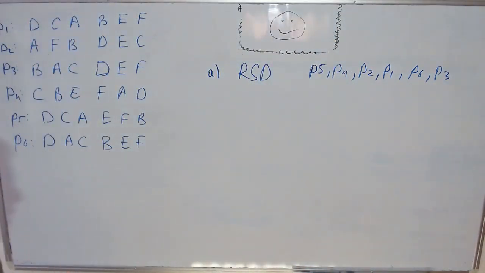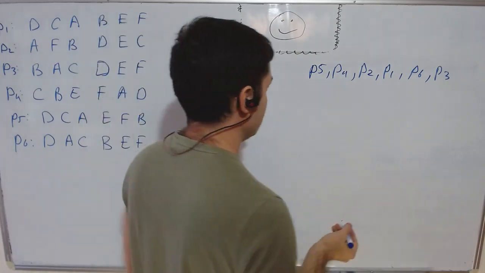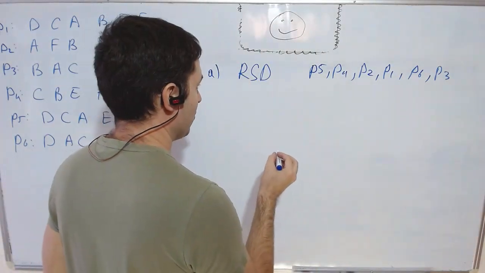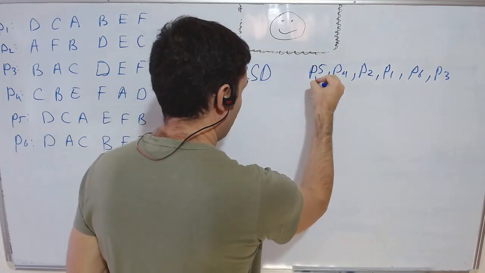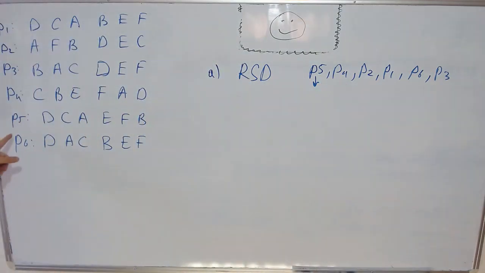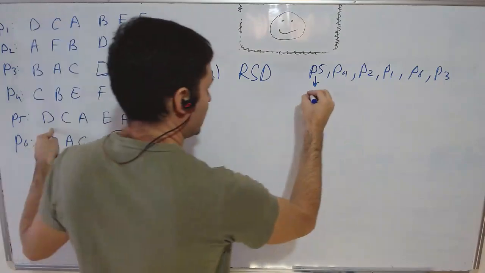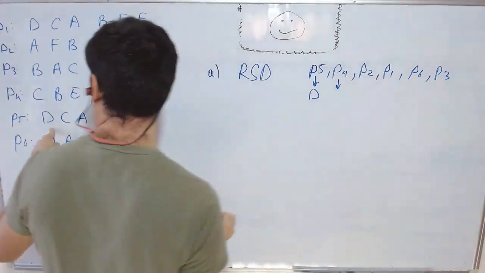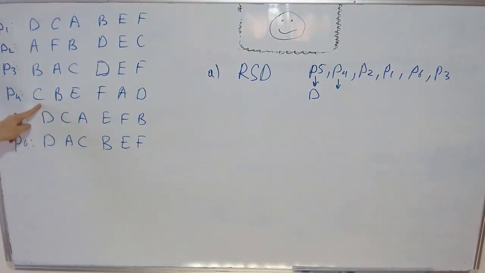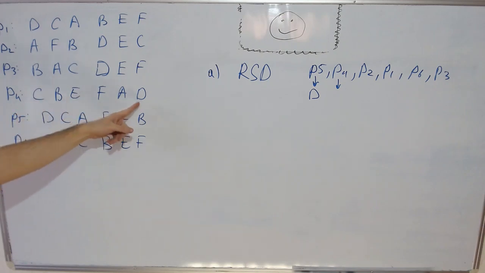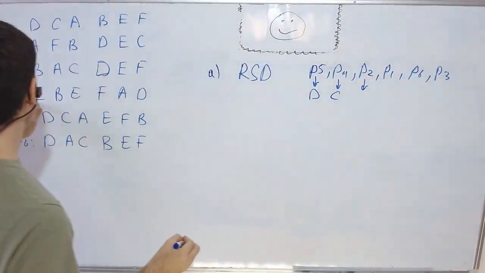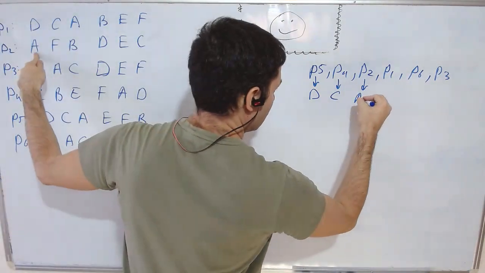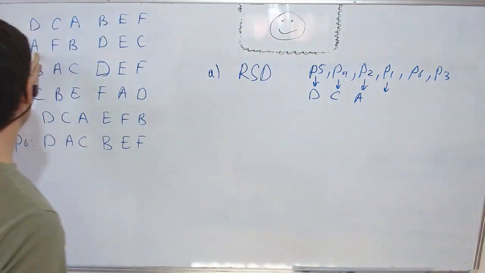P3 picks last, and so that's extremely easy. They just go and start picking houses. P5 goes first. He can pick his best house, D. P4 goes next. D is unavailable, but he doesn't care for D. He wants C, so he will get C. P2 will get A. So far they're just picking their favorite houses.